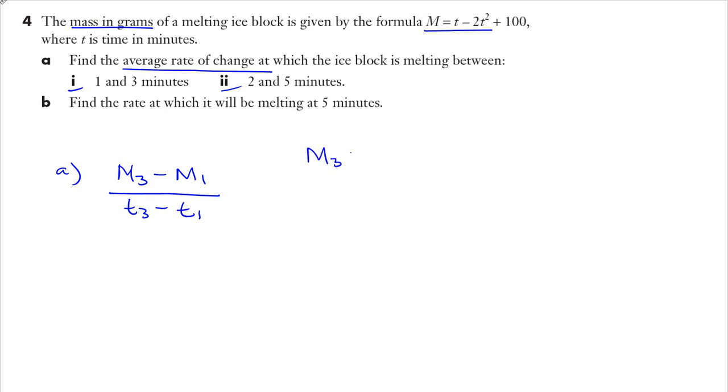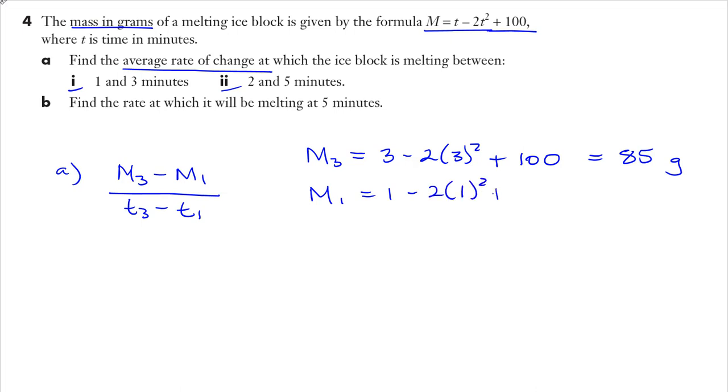So the mass after 3 minutes, we'll substitute 3 into this function. We get 3 minus 2 lots of 3 squared plus 100, and that gives us a mass of 85 grams. And the mass after 1 minute, substituting 1 in, would be 99 grams.